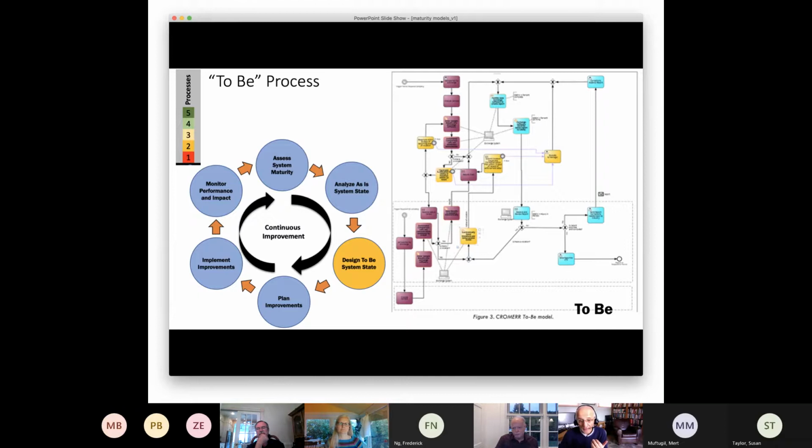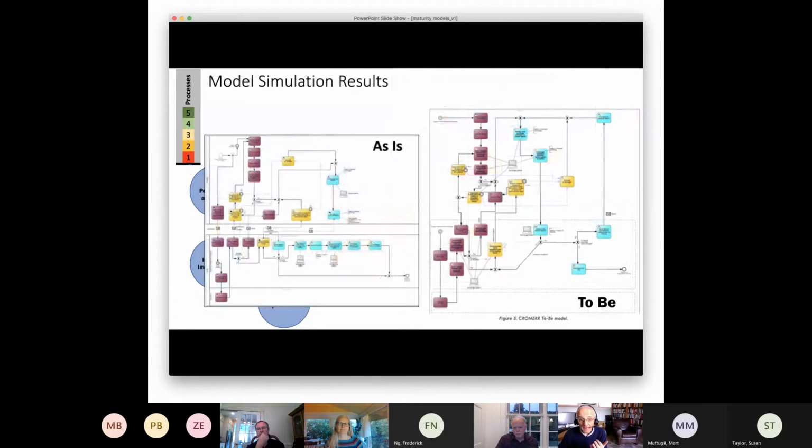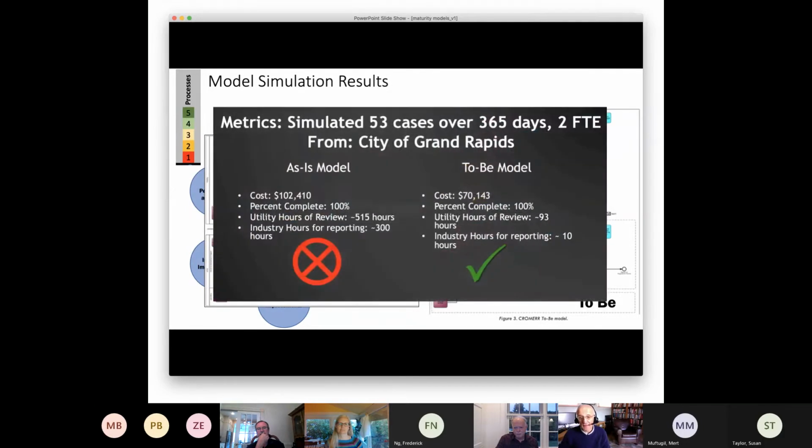When we simulate, we compare the as-is to the to-be. When they did this, they found that the new business process they designed leads to significant improvements and reduction in cost, much quicker completion, and so forth.